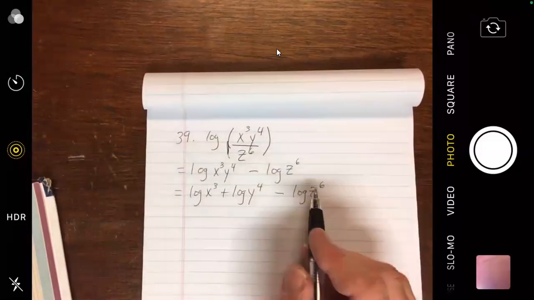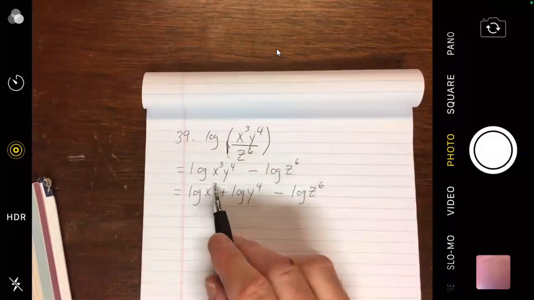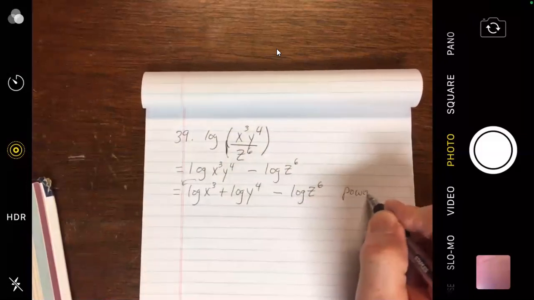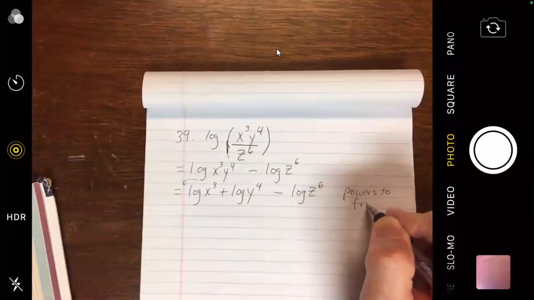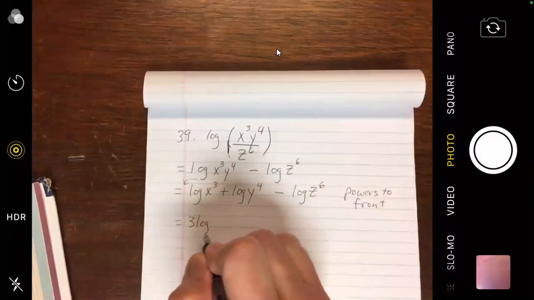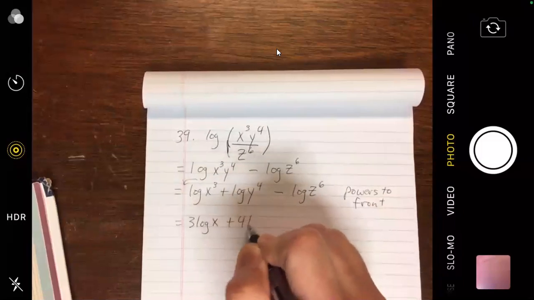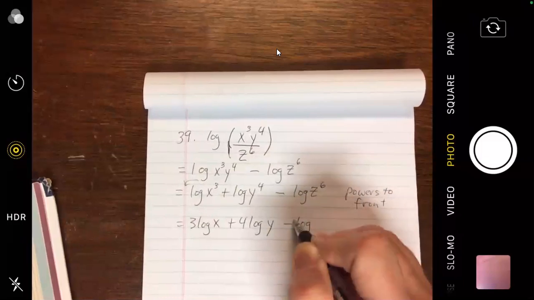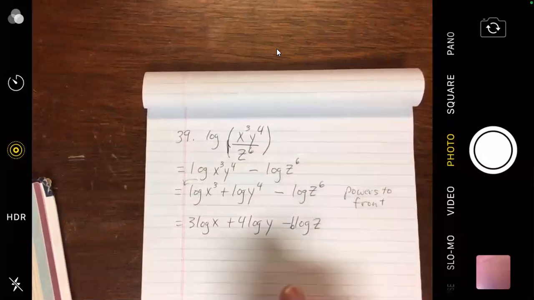And now these powers are ready for law 3. They can come to the front, powers to the front. 3 log of x plus 4 log of y minus 6 log of z.